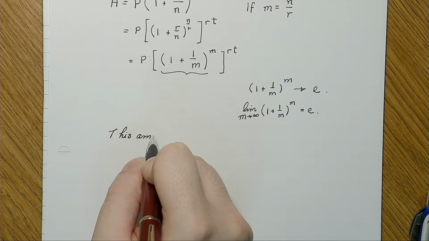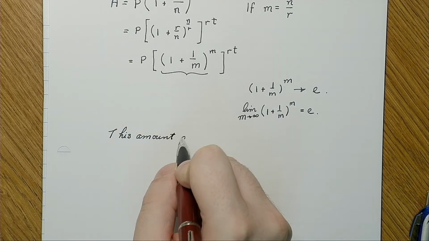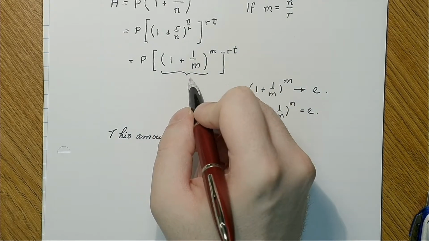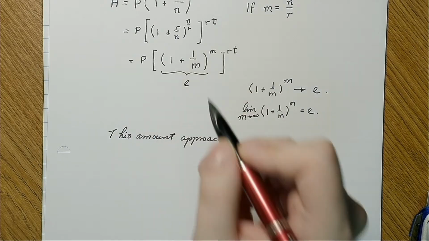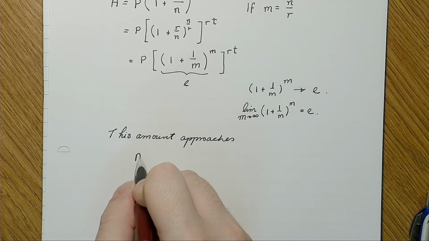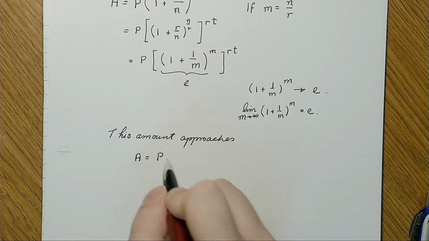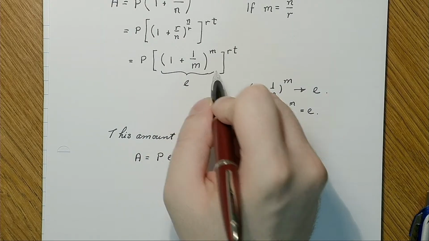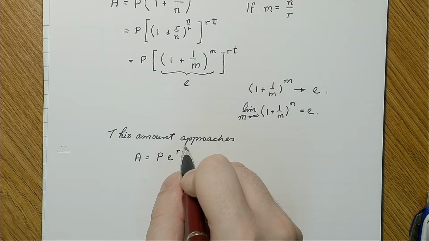this amount approaches the amount equal to the principal times e to the rt.